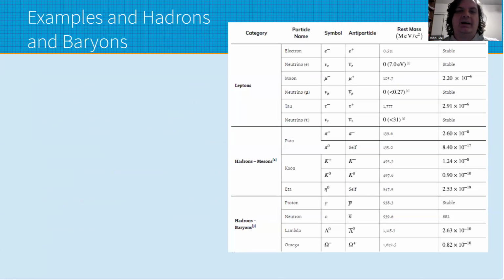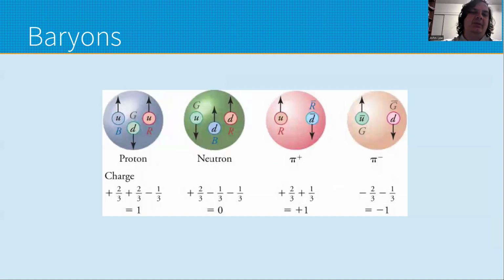And then these are some examples of hadrons, baryons and leptons. So a lepton is an electron, a neutrino, or a muon. A meson is something like the pion or the eta, and a baryon is something like the proton or the neutron, where the proton and the neutron, again, are made up of quarks.